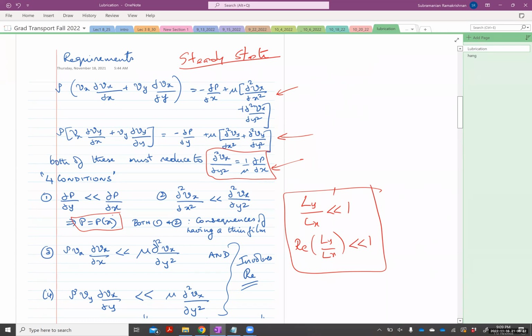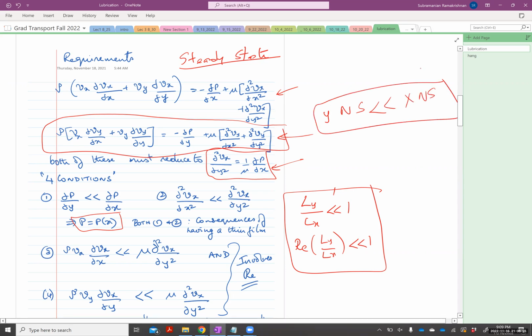What this is saying is that the terms in the y Navier-Stokes are much less than the terms in the x Navier-Stokes, so this term is much less than this term. So you are saying ∂p/∂y is negligible, and p is just a function of x.